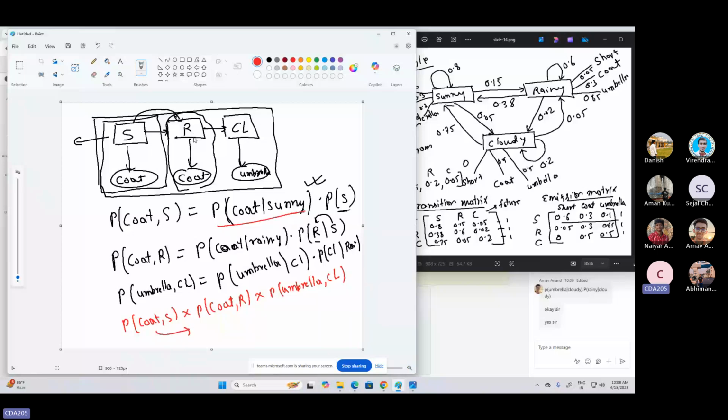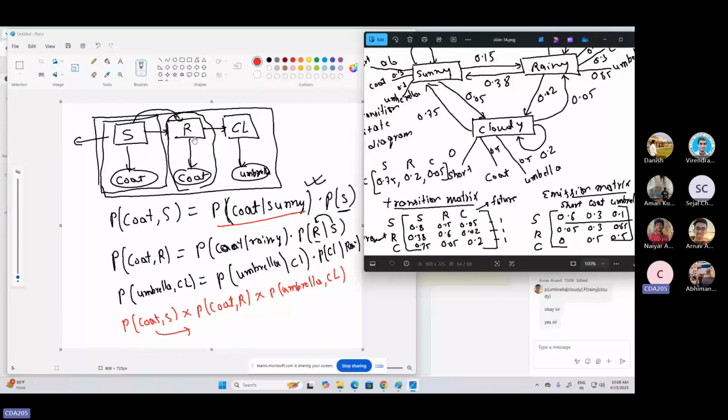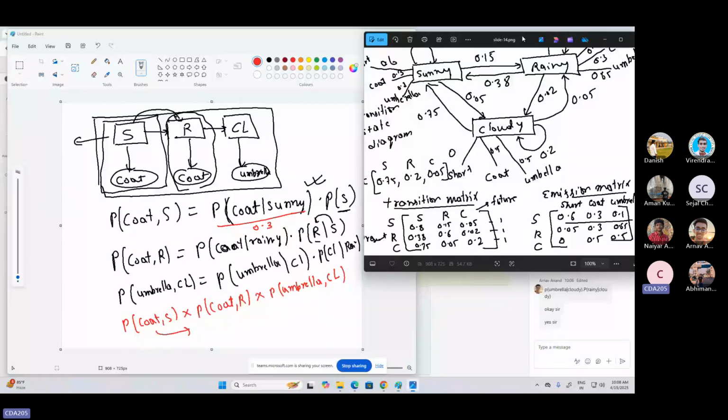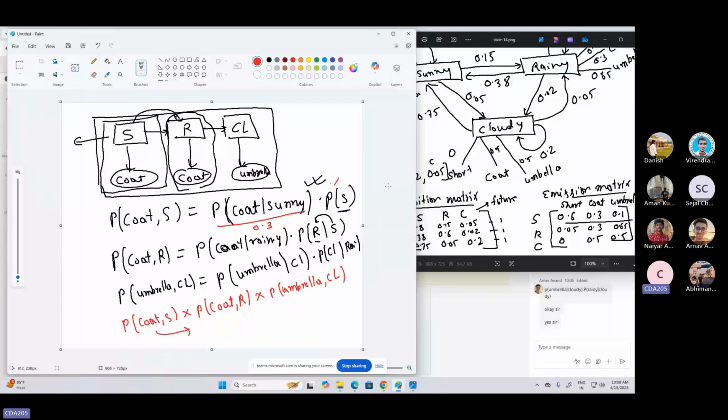Now go to the transition matrix. Sunny to coat is 0.3, and the initial value is 0.75. So the value will be 0.3 into 0.75.